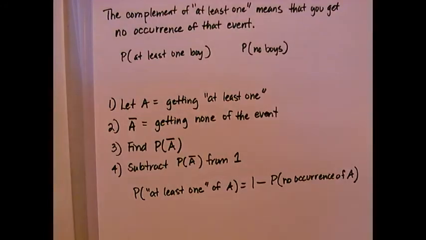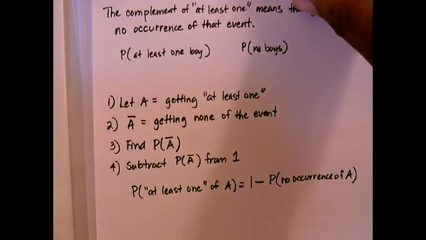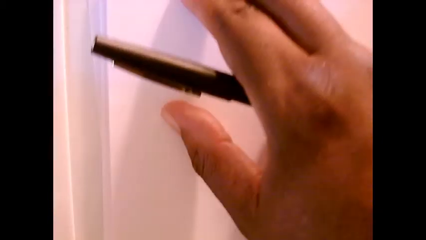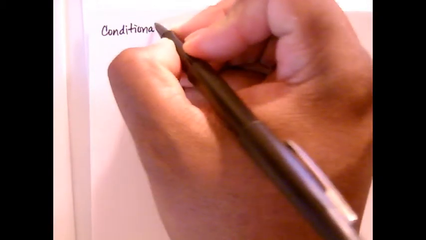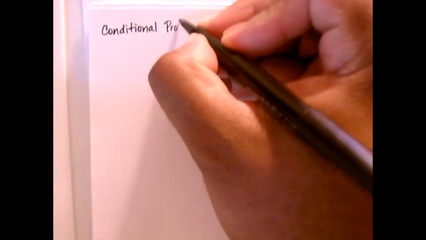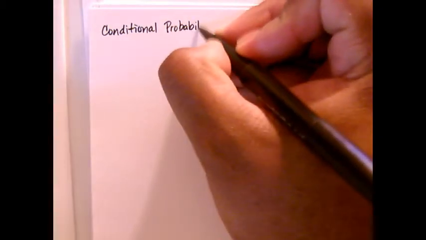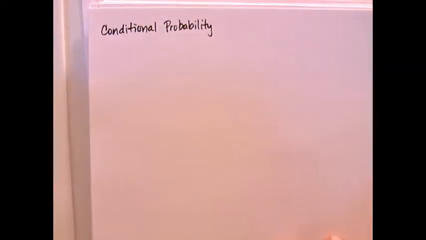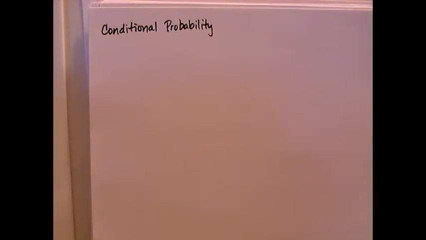Okay, the next thing I want to talk about is the conditional probability and how to find probabilities using the conditional probability rule. Alright, conditional probability is the next thing we'll talk about.